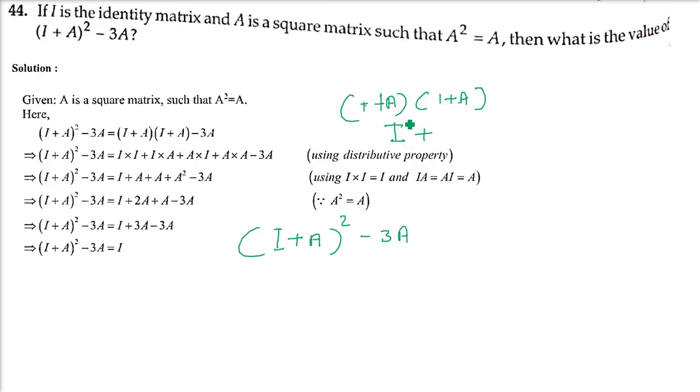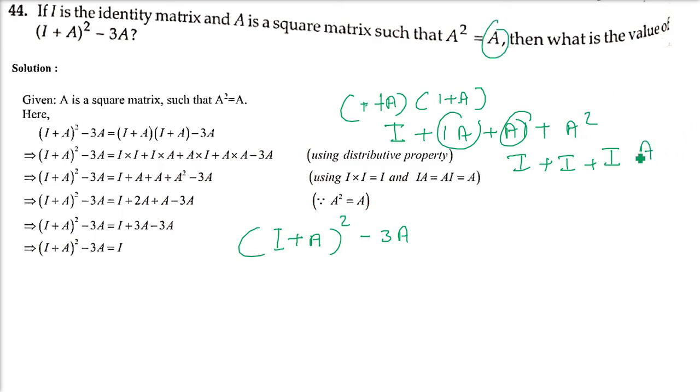Then I into A and A into I. Whenever we multiply a matrix by I, it is going to be A, the same matrix. And then A square. So IA and AI will be equal to A. I was writing I, it is not true. It has to be A. I'll just change it. And A squared is already given in the question.